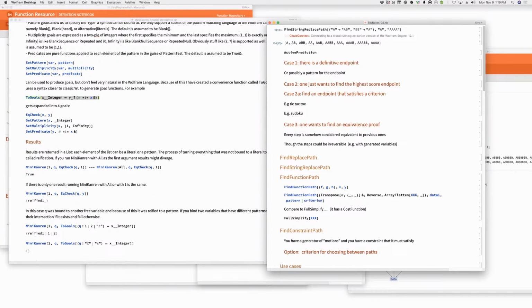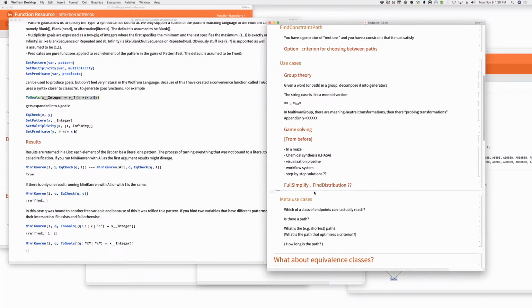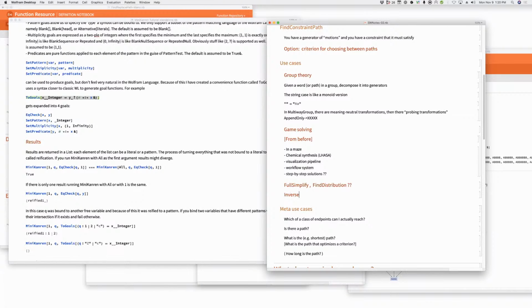Let me just look very quickly at a question. Inverse kinematics, that's another interesting use case here that we should be looking at. Josephus problem, yes, I remember that as an example of this.